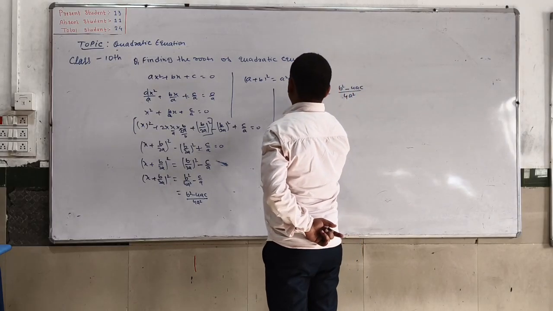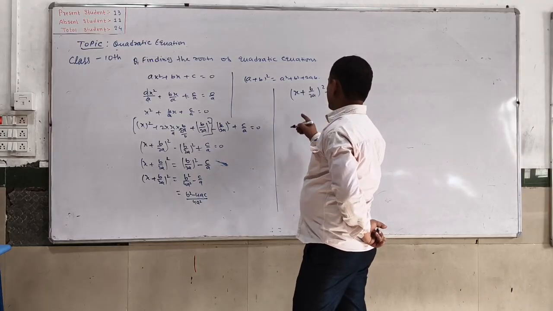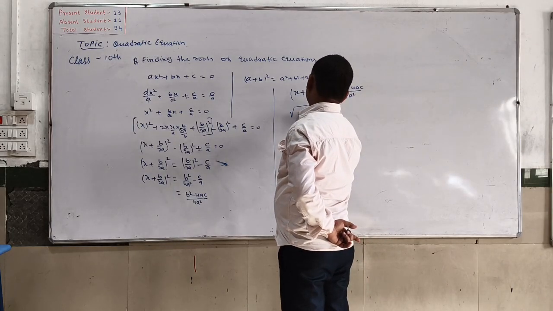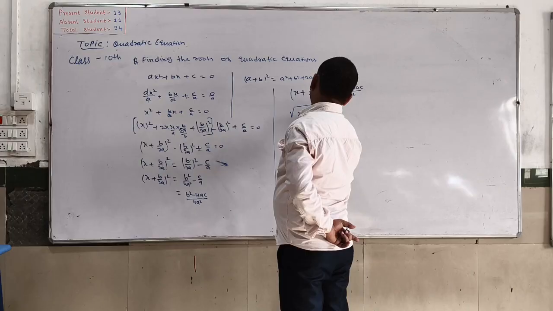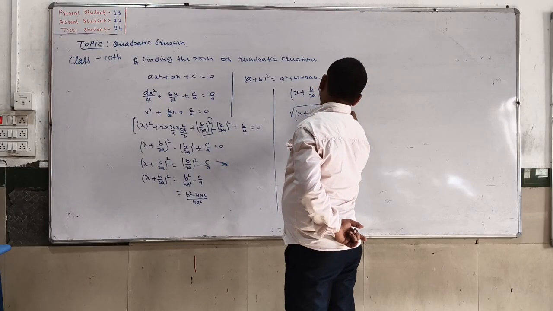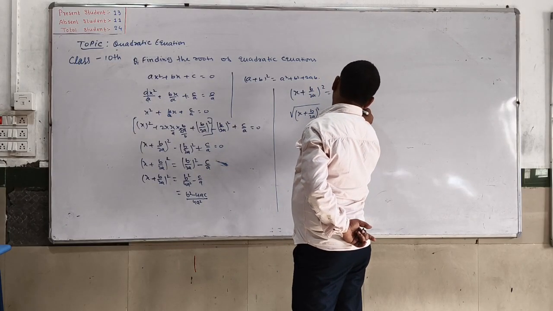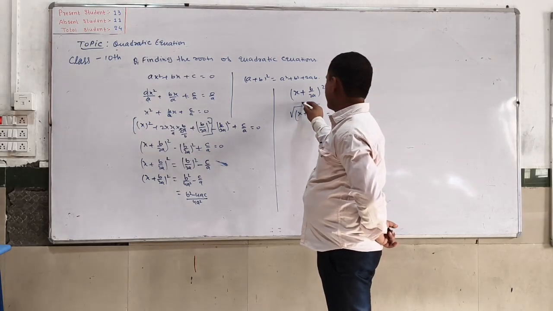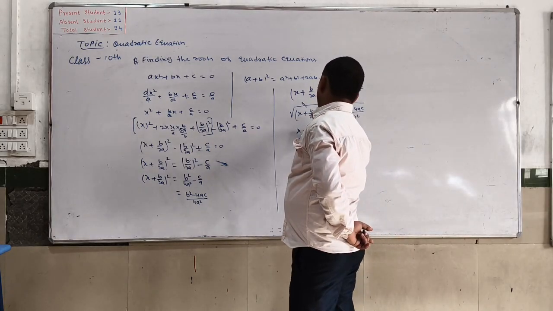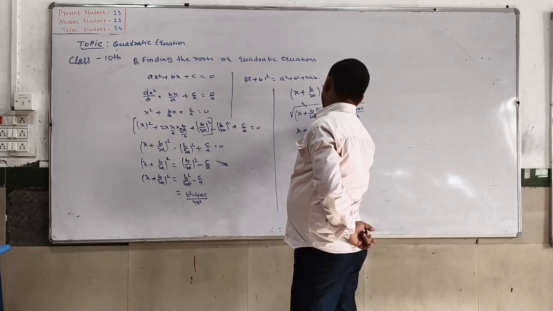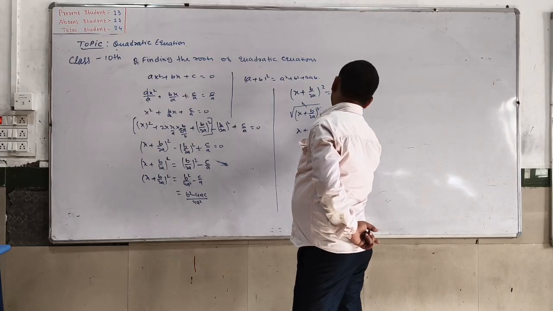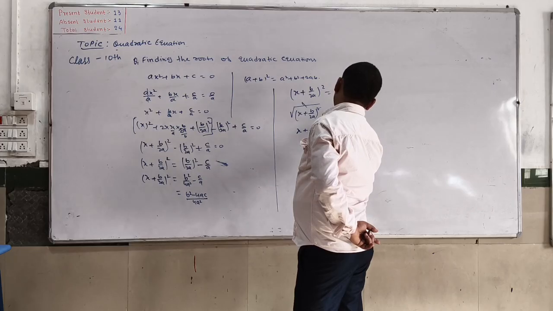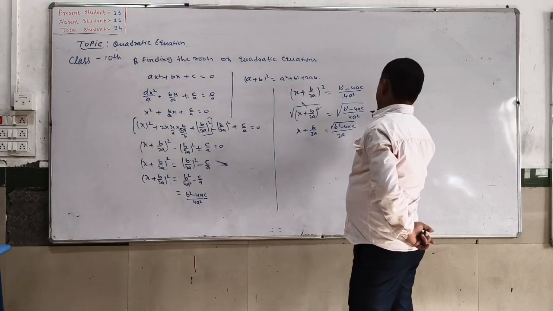Taking the square root on both sides, the square and the square root cancel. Solving this equation, we get x plus b upon 2a is equal to plus minus root b square minus 4ac upon 2a, because the numbers that are in pairs come out of the root.